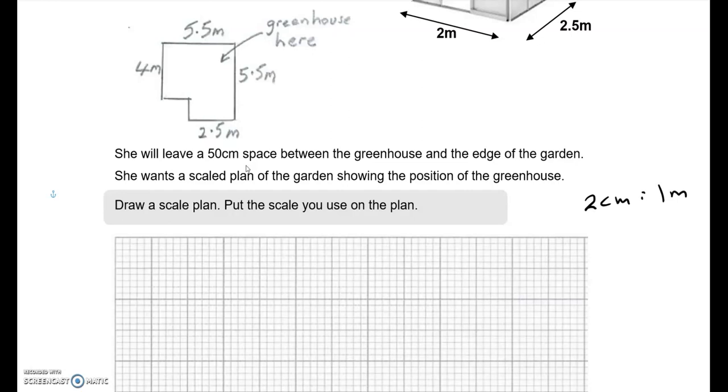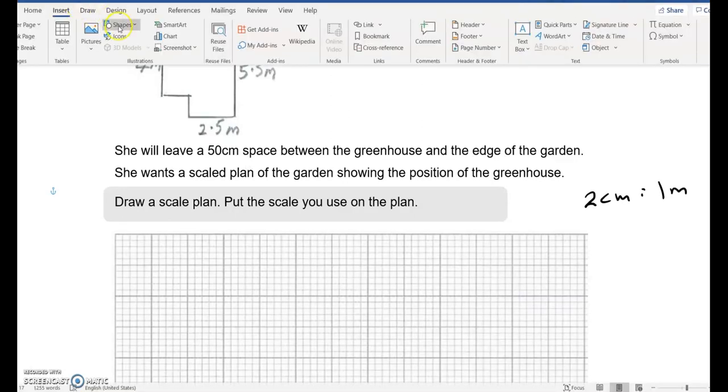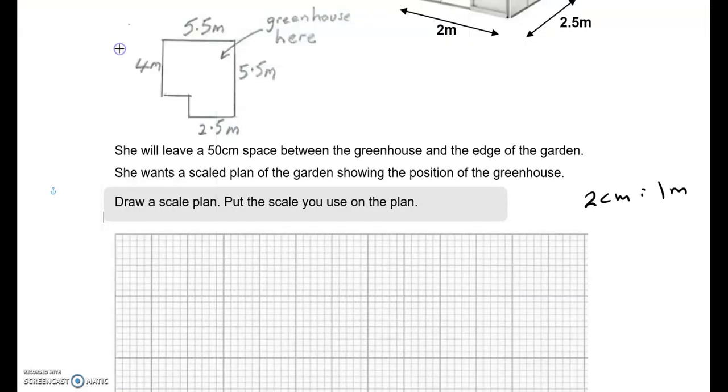So we'll start. I'm going to leave 1 square space both sides. So that should be 11 squares.